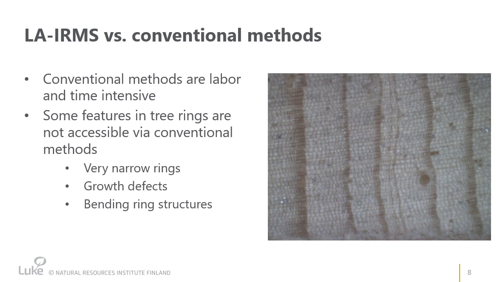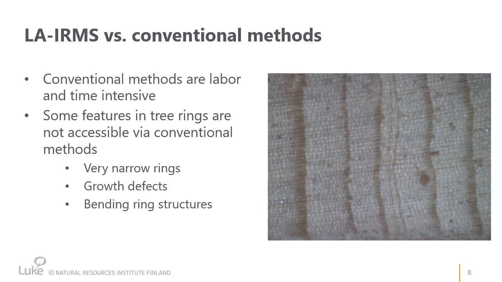So you could have more than 1 or 2 data points per ring, but this of course just means a lot more time used on the separation process. However, some features are not accessible for these conventional methods.